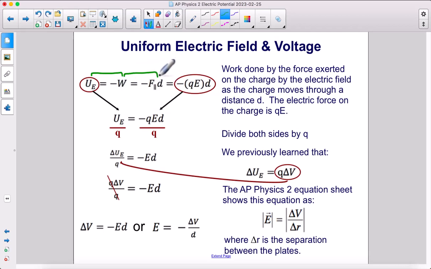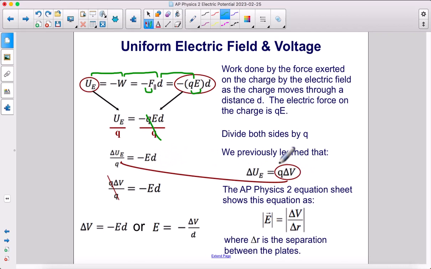We also know that the electric force on the charge is qE, the charge times the electric field. So we can replace this F with qE. Now we're going to set potential energy equal to negative qEd. Next, let's divide both sides by q, and we get change in potential energy over q equals negative Ed.